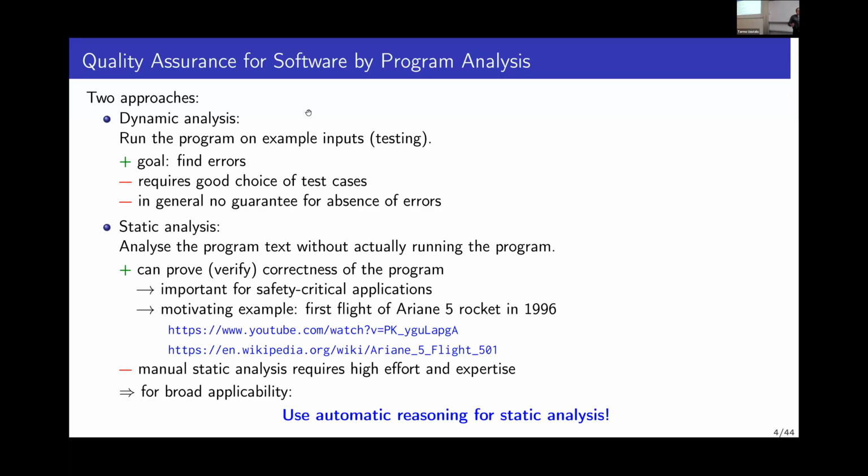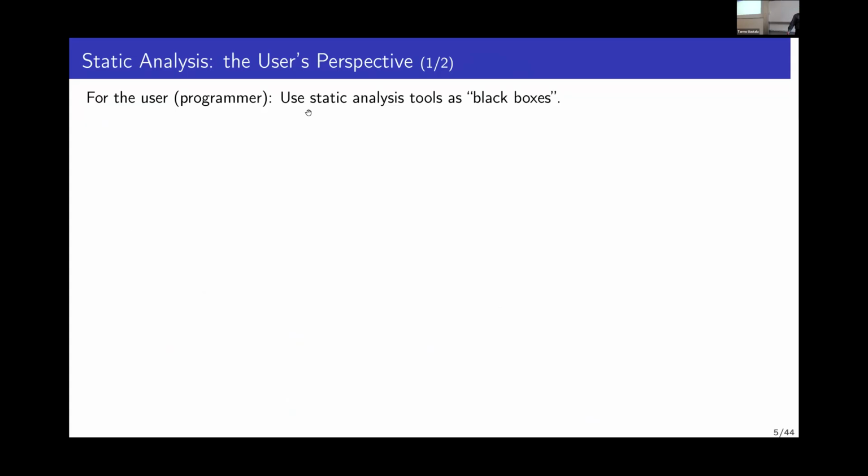So what I would like to push in my research is the use of automated reasoning techniques for static program analysis. From the user's perspective, where the user is a programmer, they don't want to know anything about all the fancy math that underlies a static analysis tool. They'd rather just use a static analysis tool as a black box.